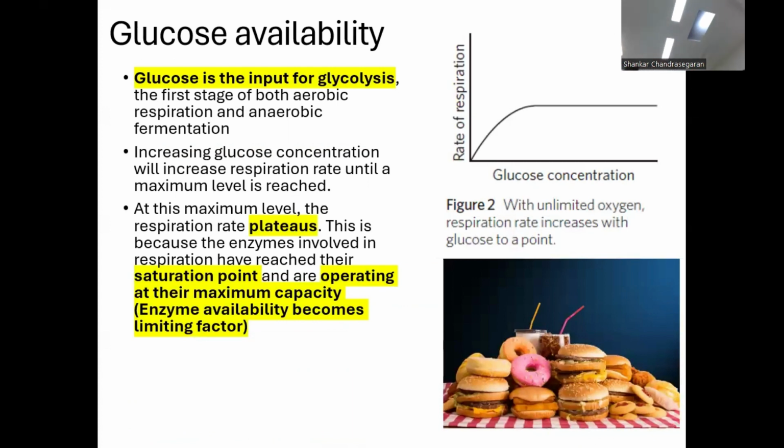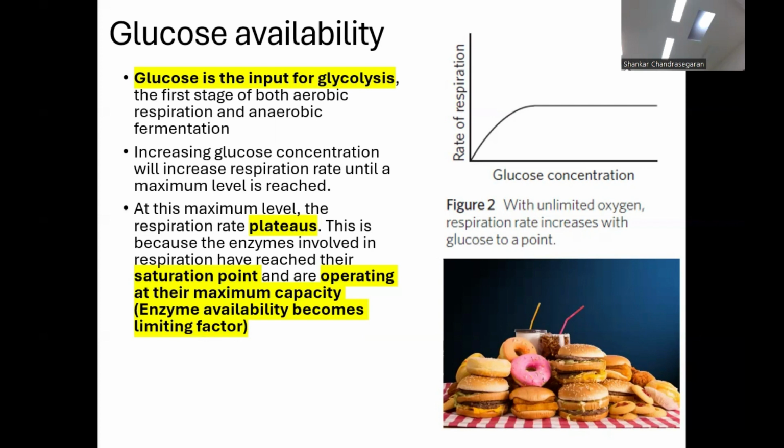All right. So the next factor we're looking at is glucose availability. This is the substrate involved with the enzymes. The first requirement for any type of cellular respiration to occur, whether it's aerobic or anaerobic, is that you need glucose as your reactant if you want anything to happen, because glucose is the input for glycolysis, which is the common stage between the aerobic and anaerobic.